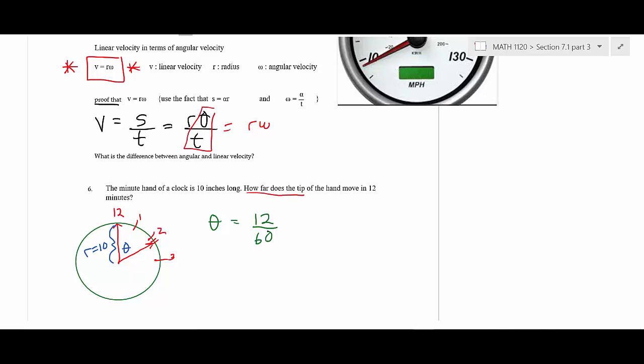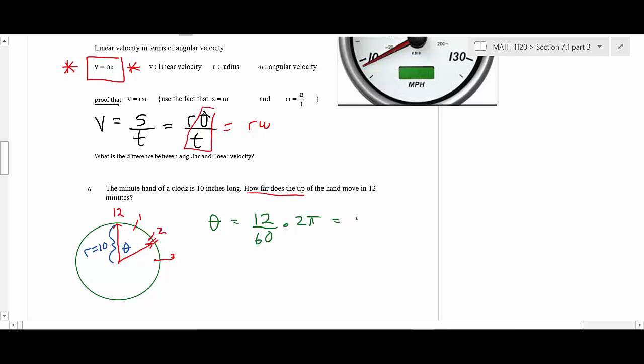So how many radians are in the whole circle? 2 pi, right? So if we take that and multiply by 2 pi, you will have the radian angle. If you look at this in degrees, that's a little bigger than 60, isn't it? But we need to use radians when we're using this formula. So it's gone through 12/60ths of a rotation times 2 pi. Now I'm going to work this out and reduce the fraction.